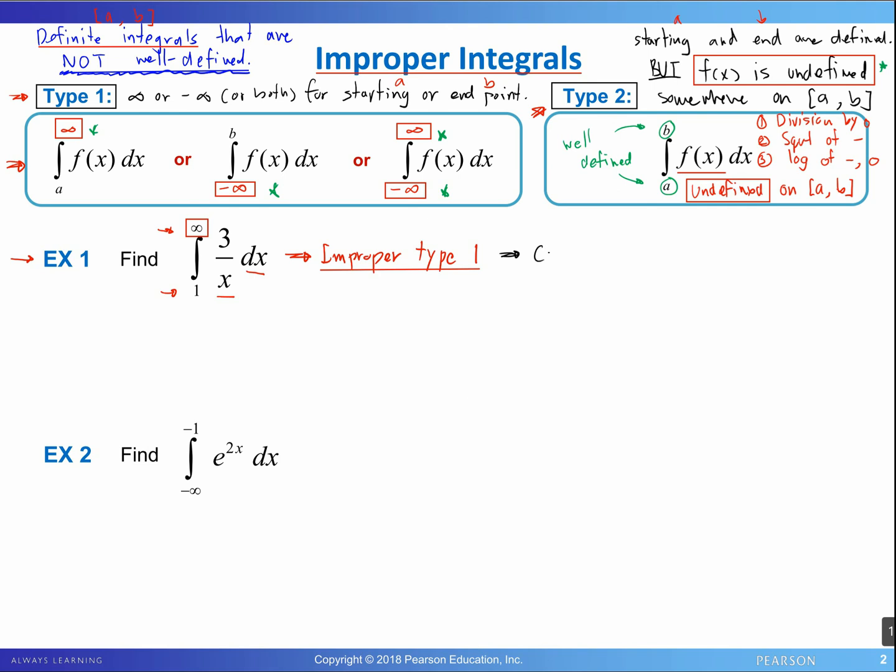We can't leave infinity on the boundary like this. So we use a parameter and a limit instead. The key is right here, parameter and limit.